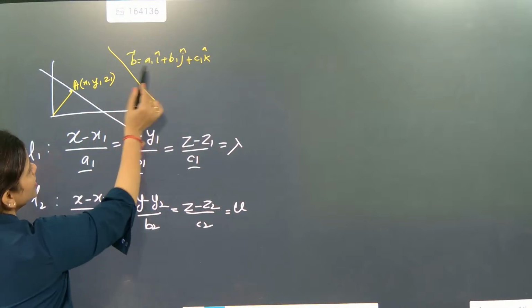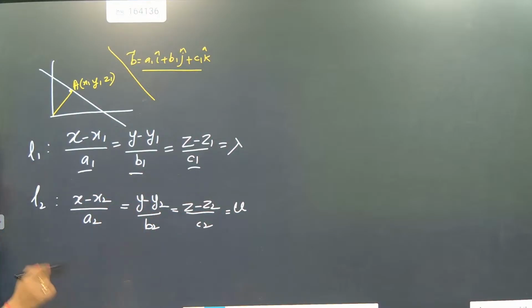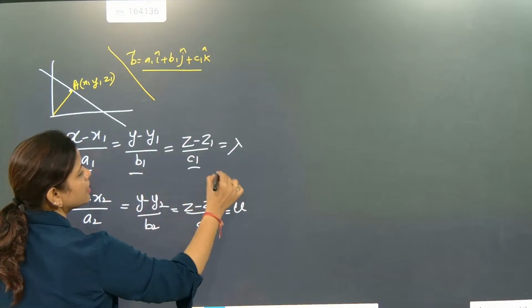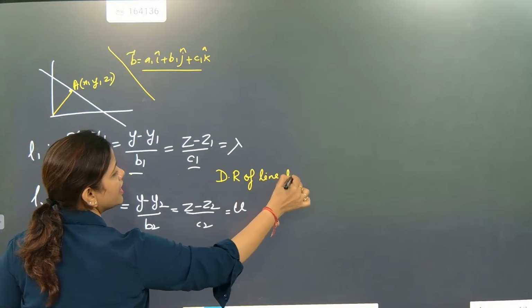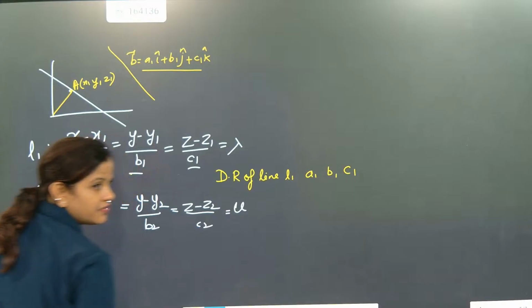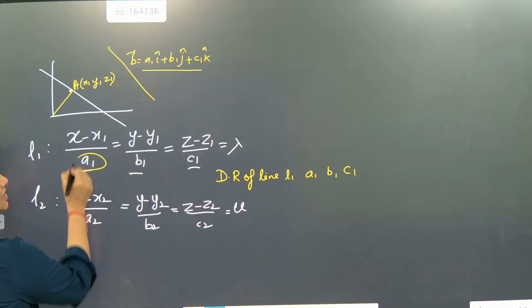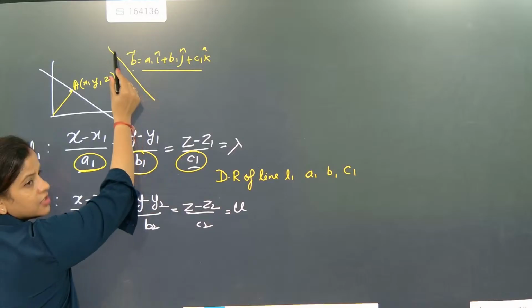So parallel one will give you direction ratios. So this is what, beta? Direction ratio of line L1. So this is what? Direction ratio of line L1 is A1, B1 and C1. Understood? So that means this is direction ratio and this is coming from what? Parallel.